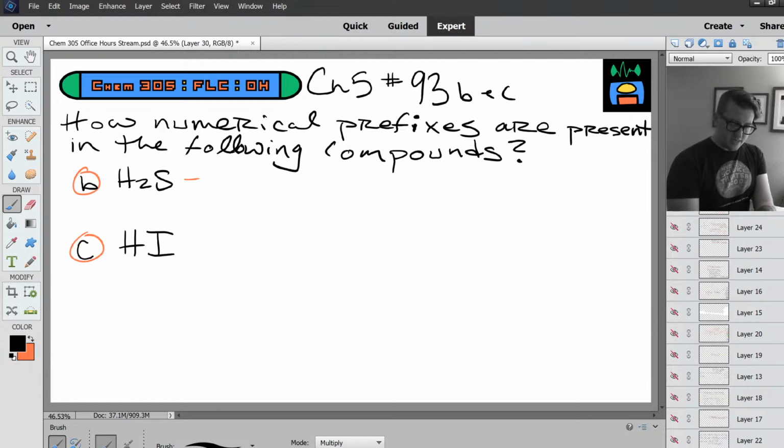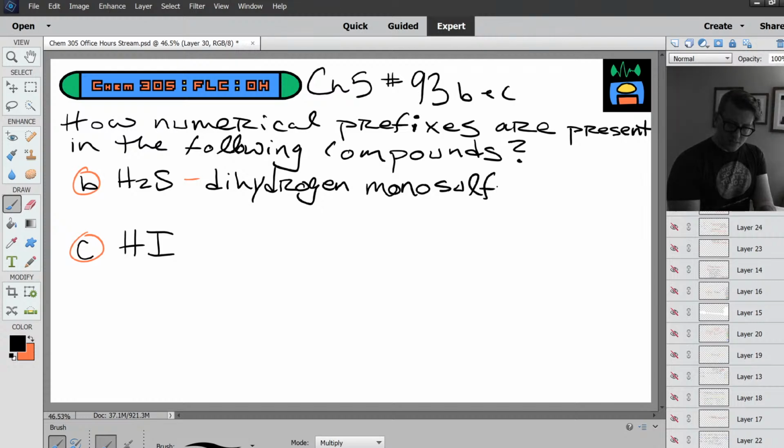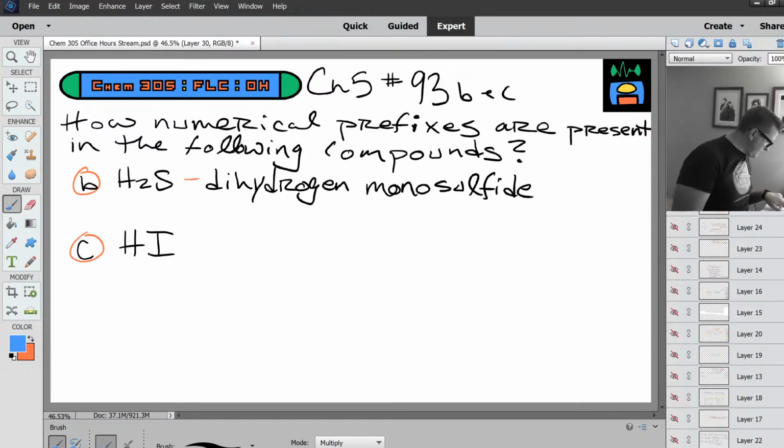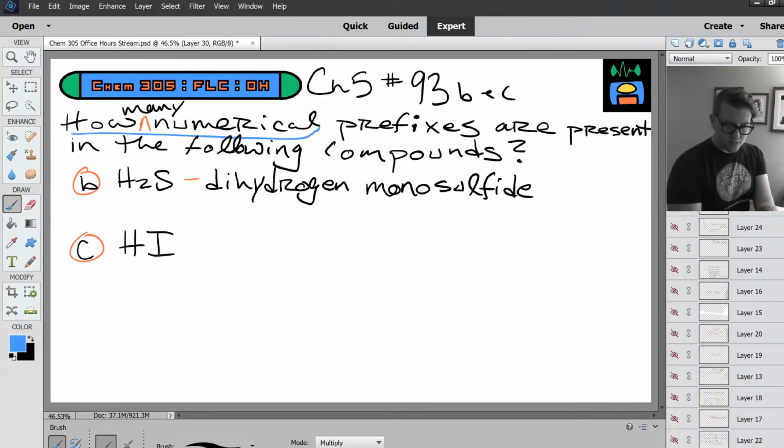First one would be dihydrogen monosulfide. So this would have, oh, I just wrote how numerical prefixes. How many numerical prefixes? Since we're being asked how many, there are 2.